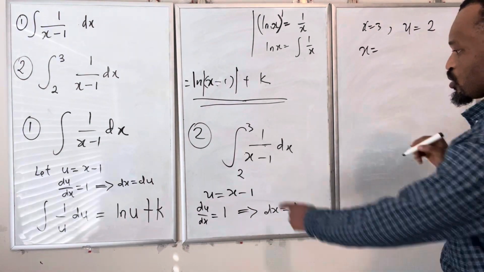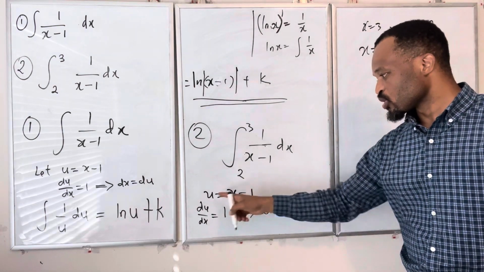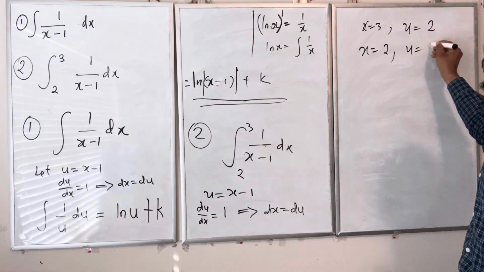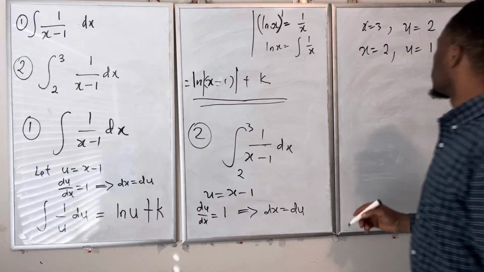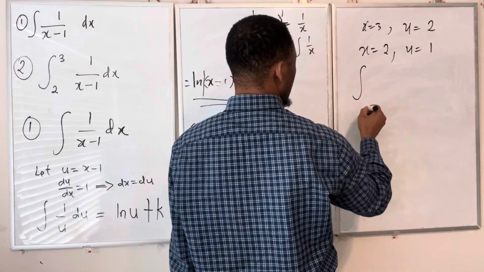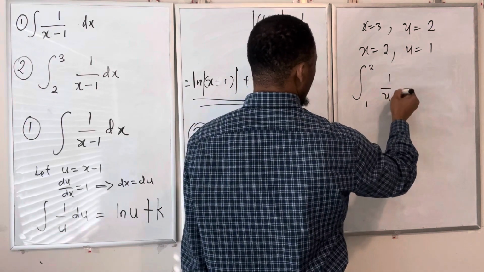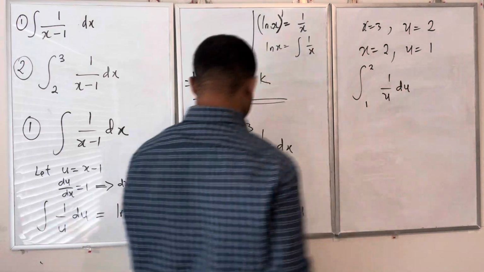When x is equal to 2, u will be 2 minus 1, which is 1. So now we integrate from 1 to 2, 1 over u du.